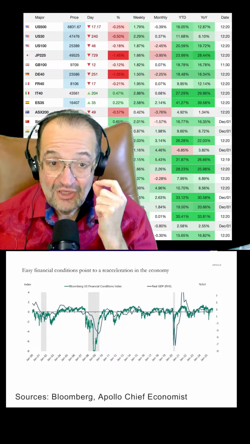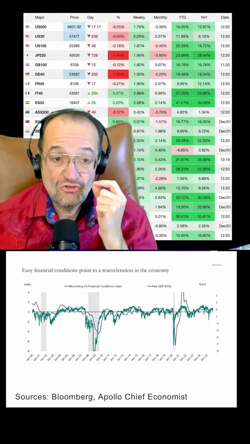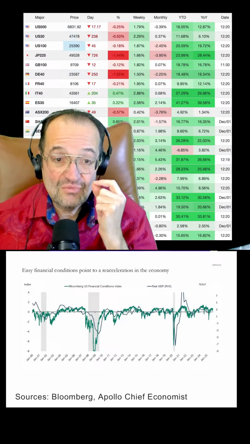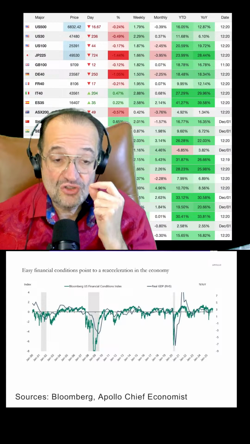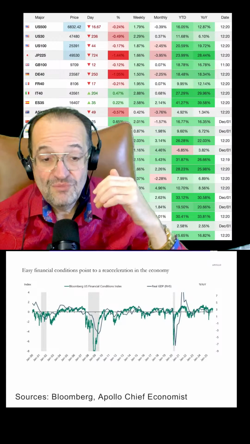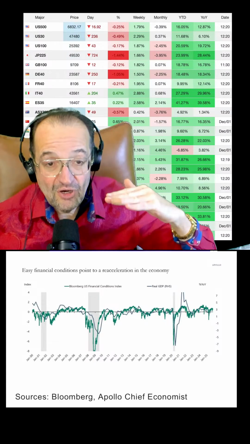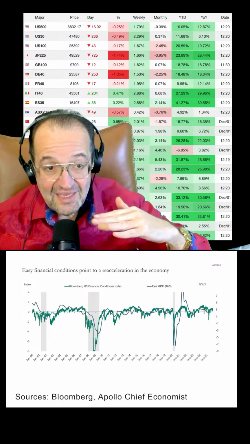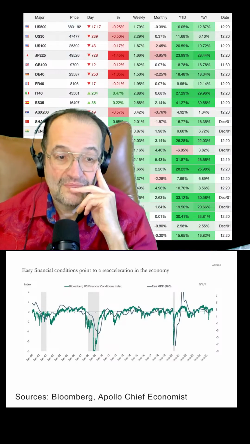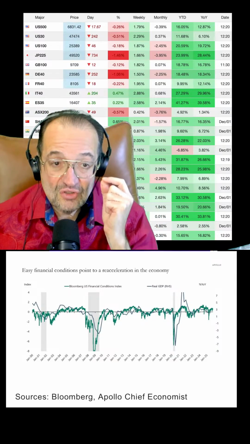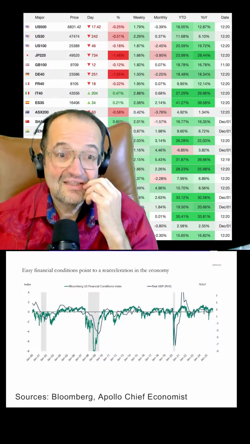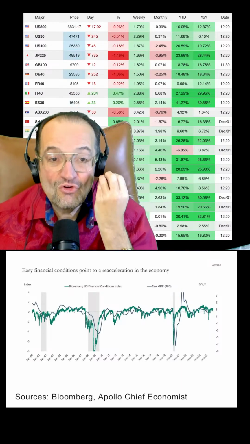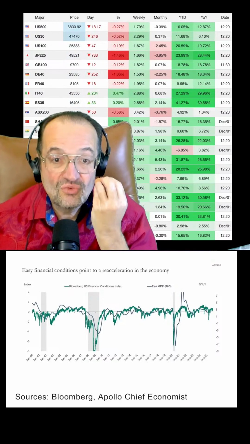In this, we consistently see that real GDP lags the movement in financial conditions. Meaning, first we ease, we make it easy for you to borrow, the market starts going up, and then the economy recovers. So when financial conditions begin to ease, even before the real economy improves.